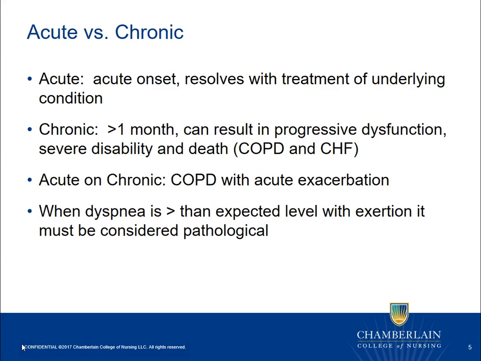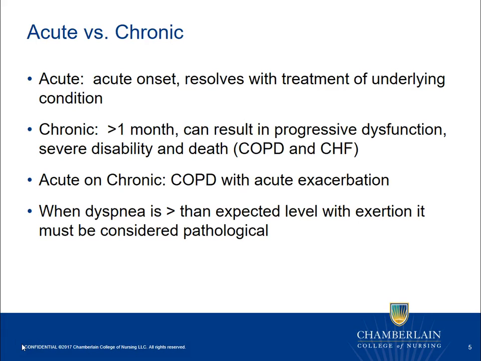Complaints of dyspnea can include the following. Acute: it has an acute onset and it resolves with treatment of the underlying condition. Chronic: it is defined as greater than 1 month in duration. Chronic dyspnea can result in progressive dysfunction, severe disability, and even death.